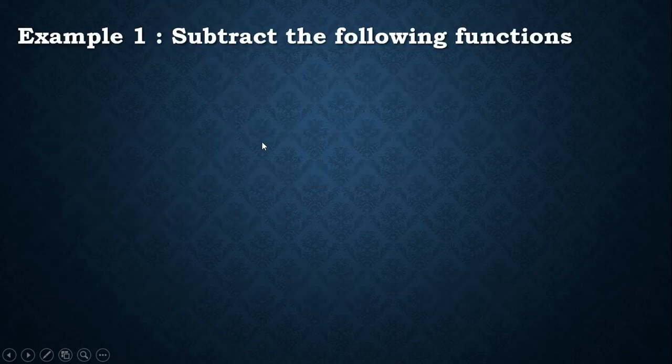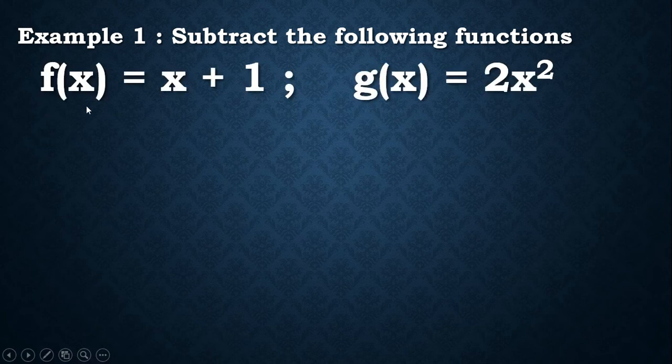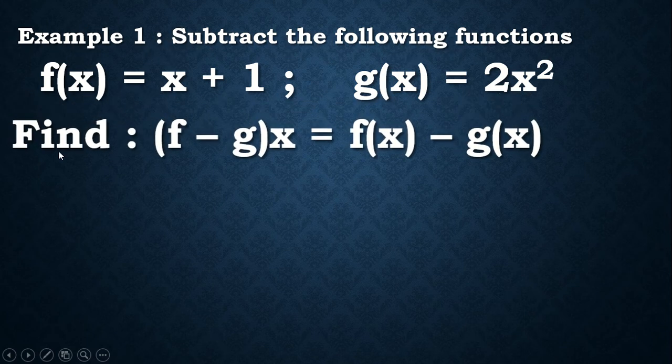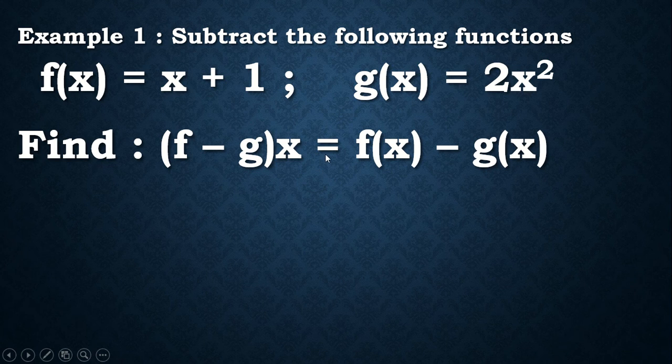Let's take example number 1. Subtract the following functions. We have f(x) equal to x plus 1 and g(x) equal to 2x squared. Find (f minus g)(x), or also the same as f(x) minus g(x).